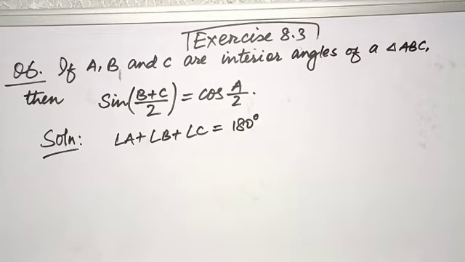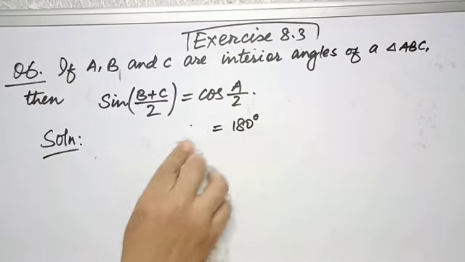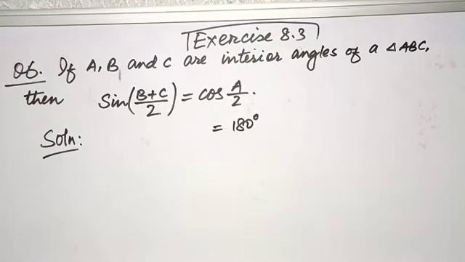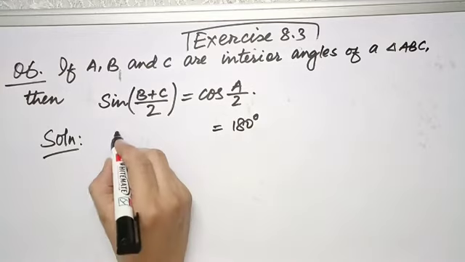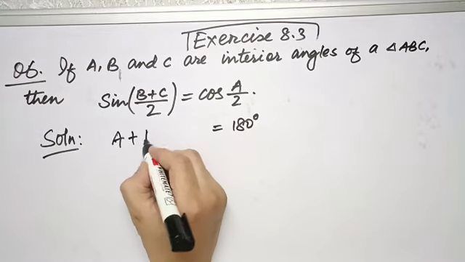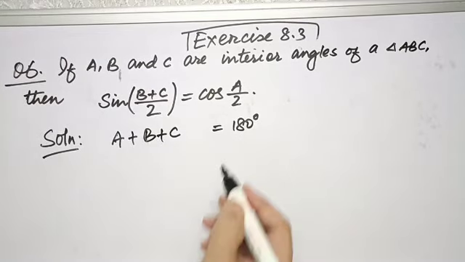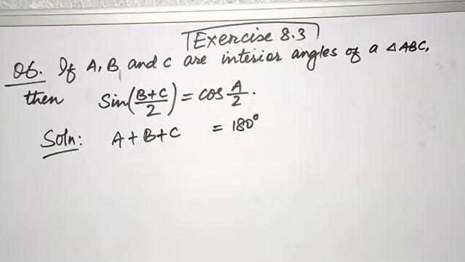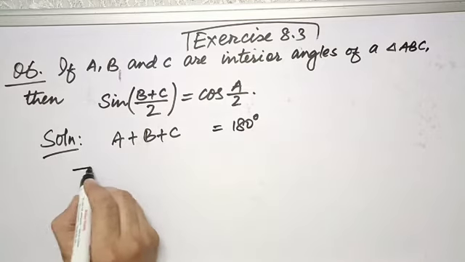But for convenience, I am not going to write the angle symbol here, I'll just consider that A, B, C, as already said, are angles. So let me write A plus B plus C equal to 180 degree.